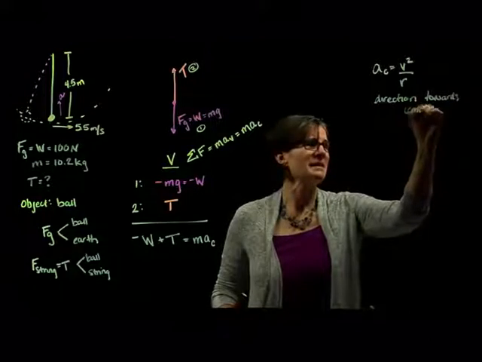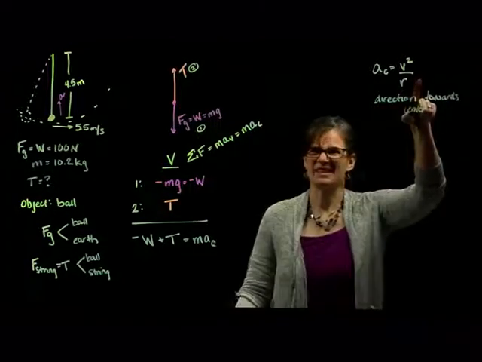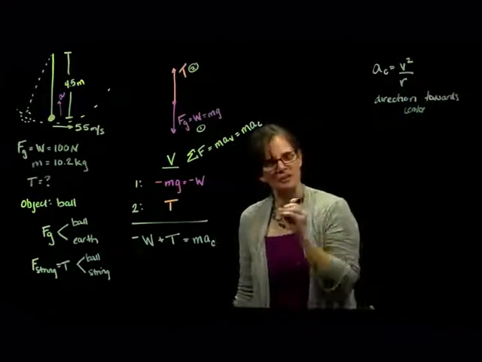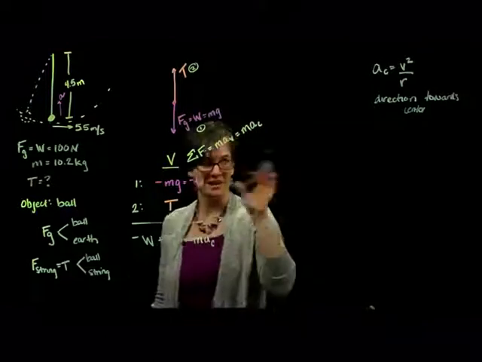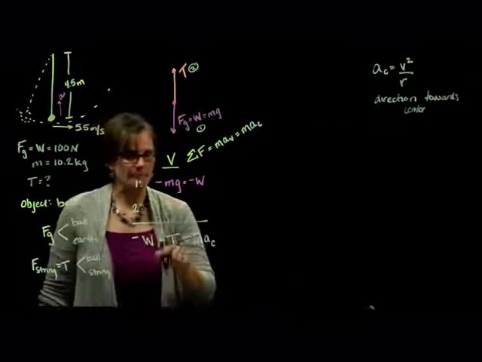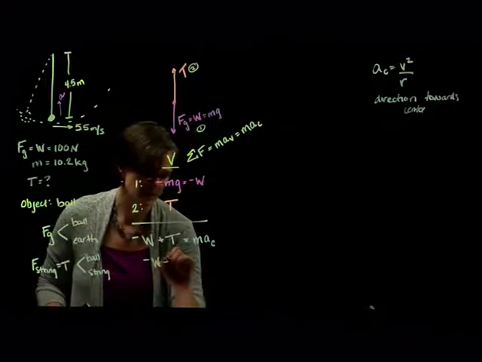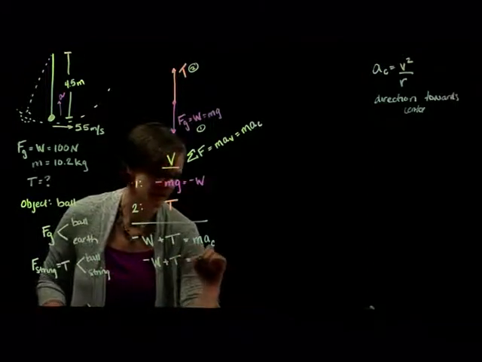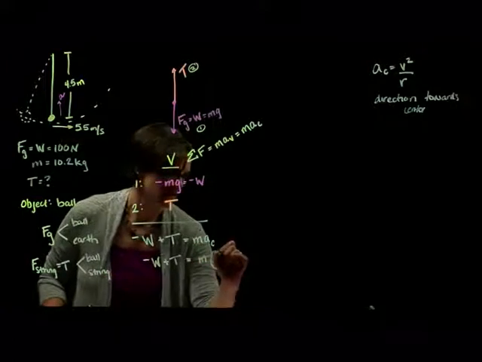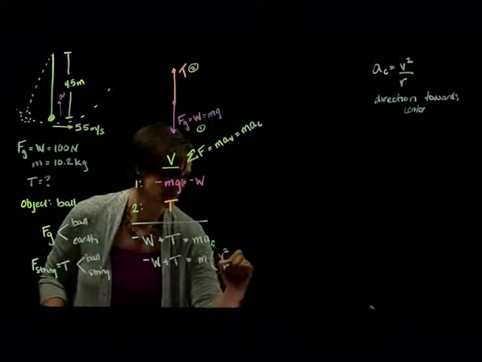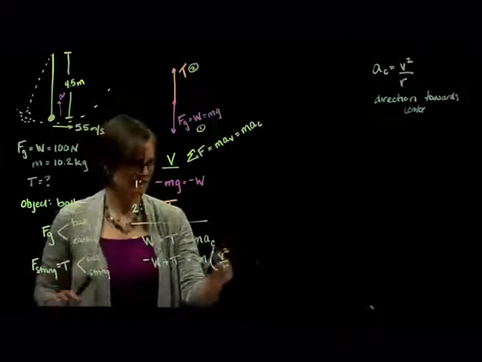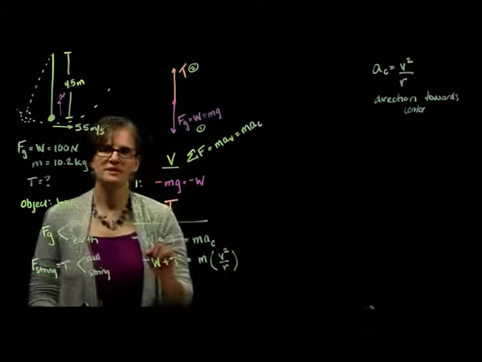Why do we have to be explicit? Well, we're about to input something that doesn't have direction, a speed, so we have to be very clear about the direction of that centripetal acceleration. So, rewriting that, I have minus the weight plus the tension equals m, our magnitude of v squared, or speed squared, but v squared over r. And what is the direction?